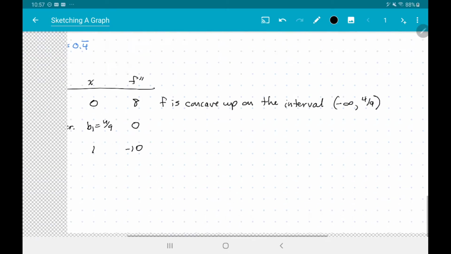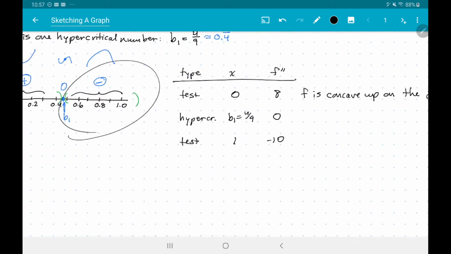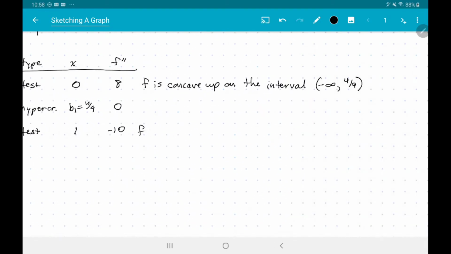For the second interval, let me see if I can state it correctly this time. We determined that f is concave down. The interval starts at the hypercritical number and goes all the way to the right. So f is concave down on the interval.